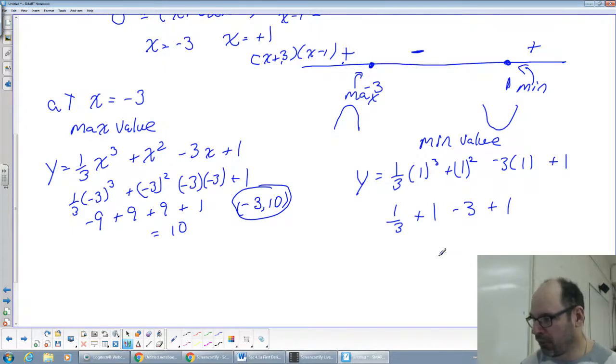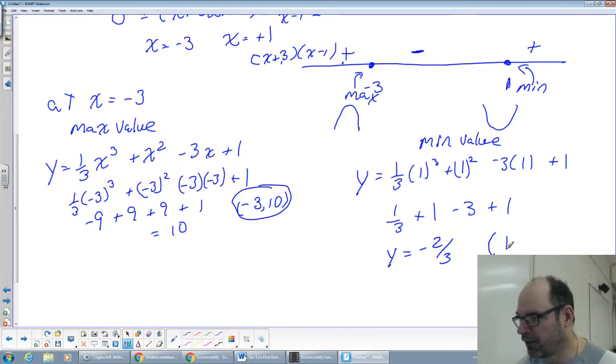So we've got 1/3 minus 3 plus 1 plus 1, which is negative 1. 1/3 minus 1 is negative 2/3. So we'd have a min at 1, and was it negative 1 or 1? No, it was 1. Good. And negative 2/3.